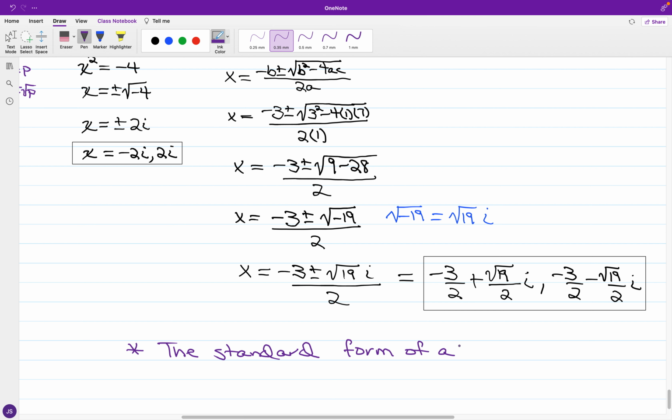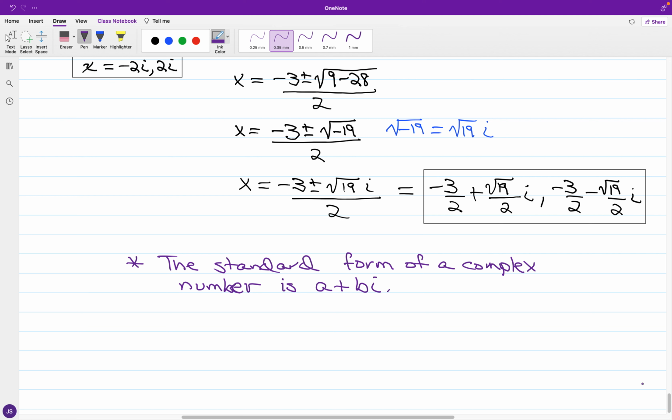So we had the standard form of a complex number, which is a plus bi.